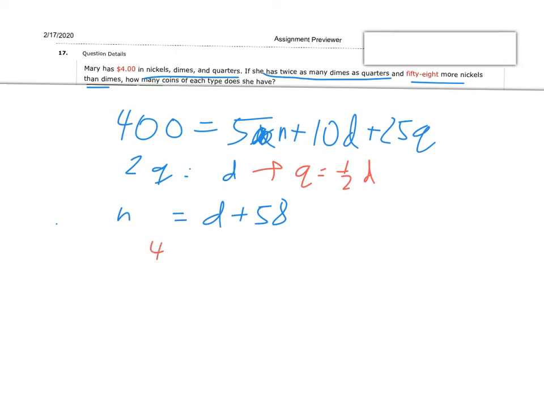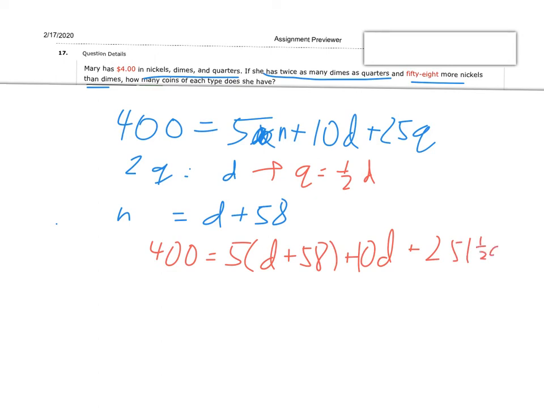We'll say 400 equals 5 times d plus 58 plus 10d plus 25 times 1/2 d. If I simplify that, 5d plus 290, plus 10d, plus, I'll just call this 12.5d. And then you'll just combine like terms and solve that for d, and you can plug it back in to find your other variables.